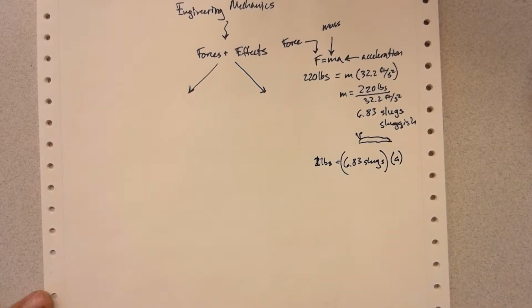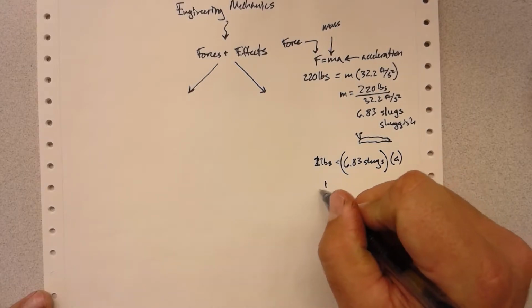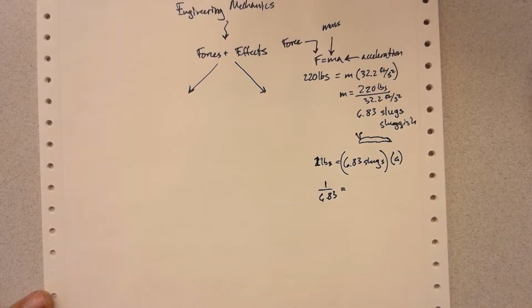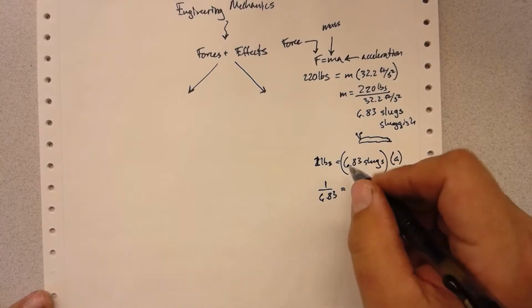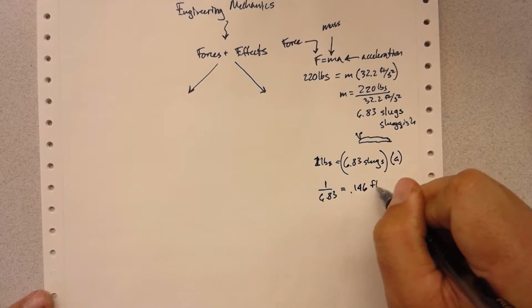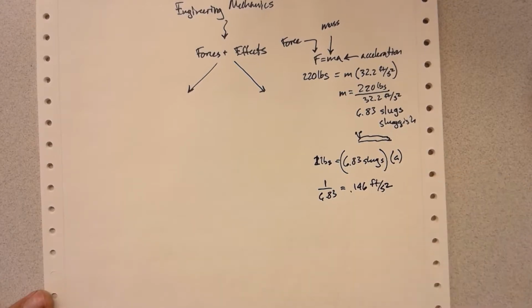Could you figure out what the acceleration is? It'd be 1 divided by 6.83. 0.146 feet per second squared.